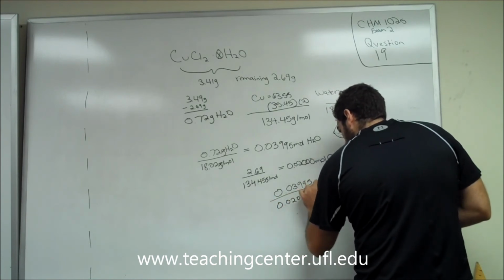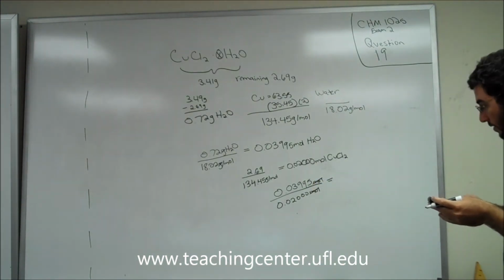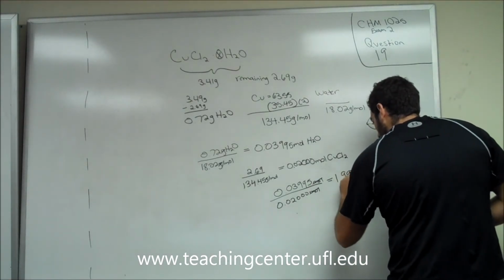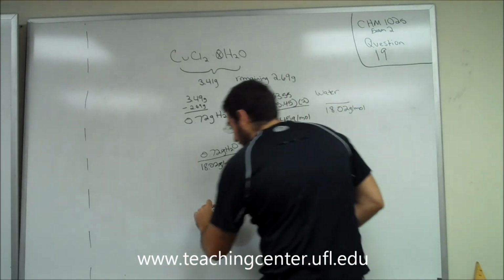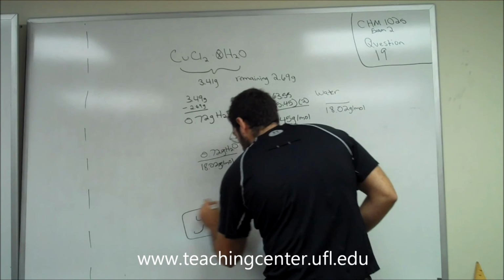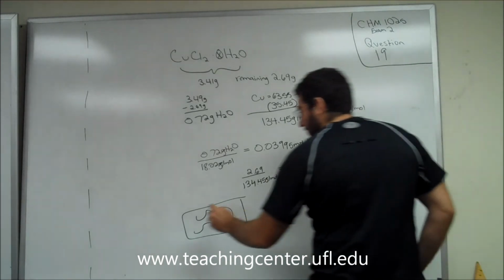Moles will cross out, and when we do this, we get 1.9975, or approximately 2. If we look at our answer choices for question 19, what is the value of X? Answer choice number 2 is 2.